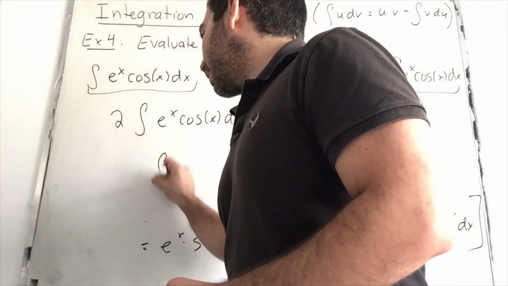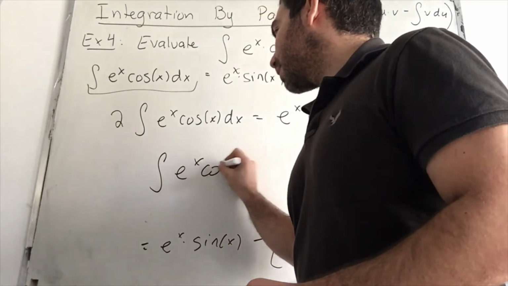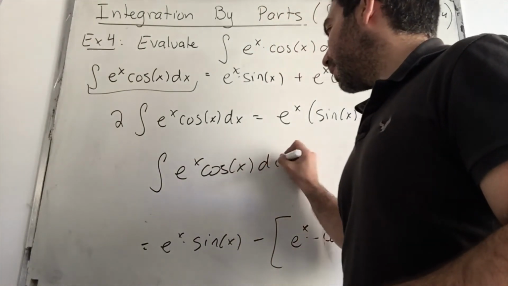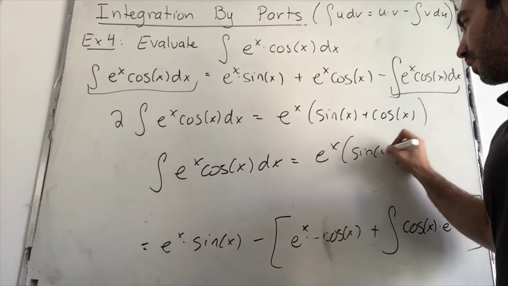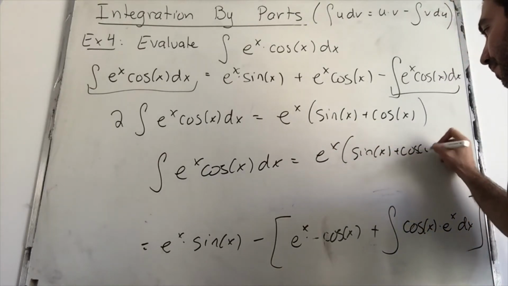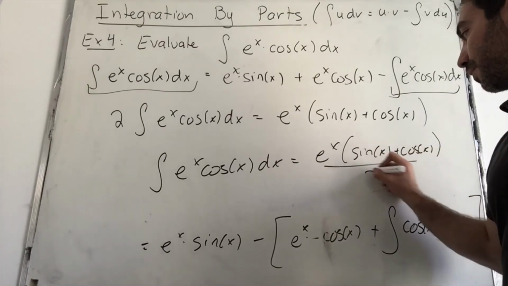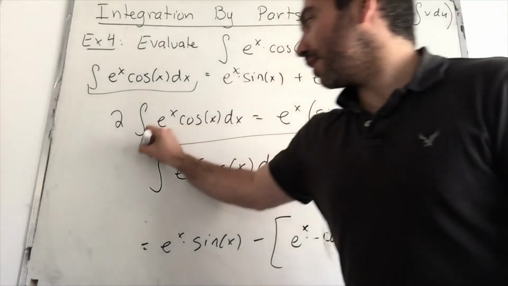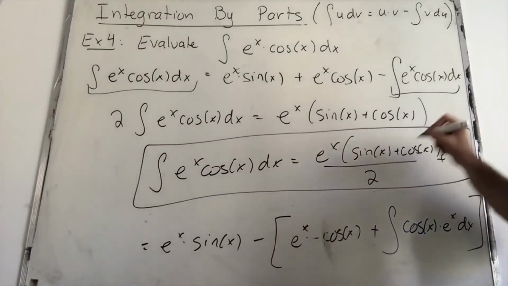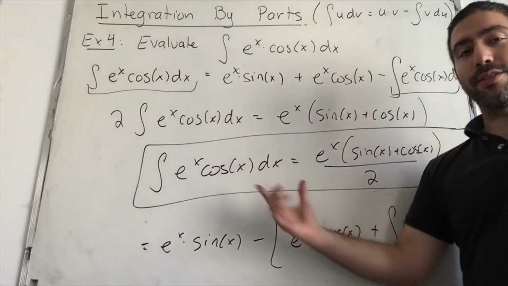So we end up with the integral of e to the x cos x dx is equal to e to the x times sine x plus cos x, divided by 2. And since it's an indefinite integral, plus c. And this is our answer. This is the final answer.